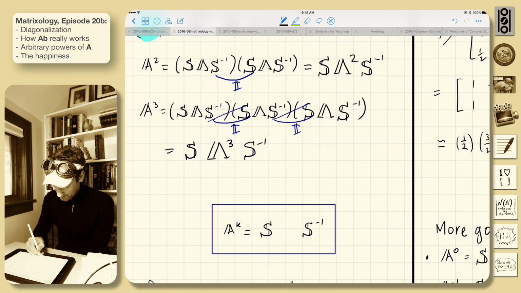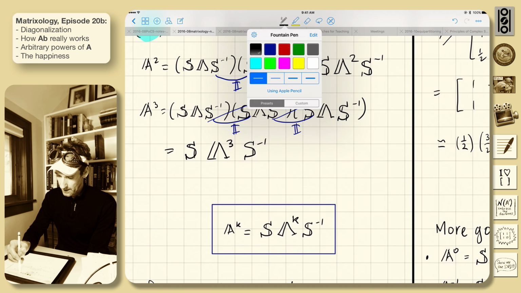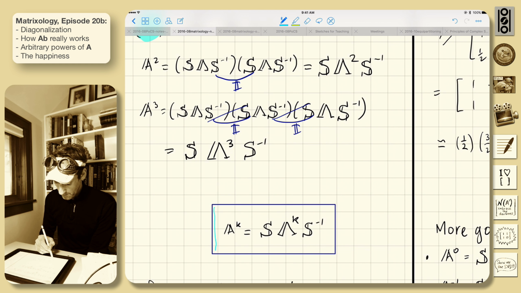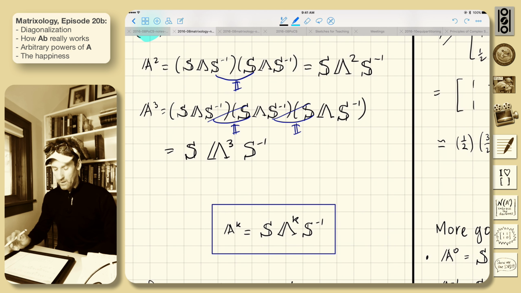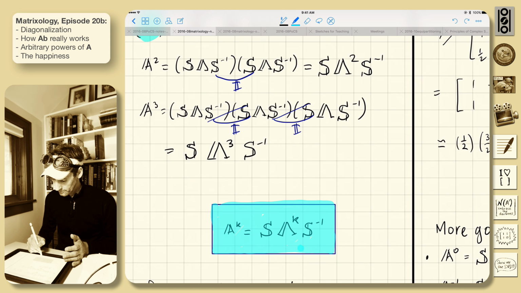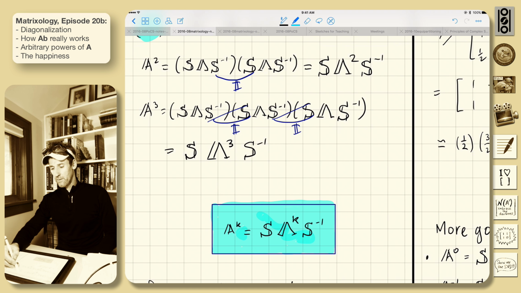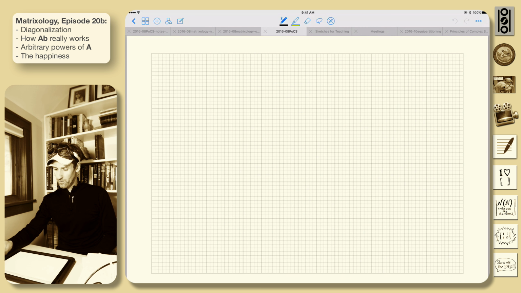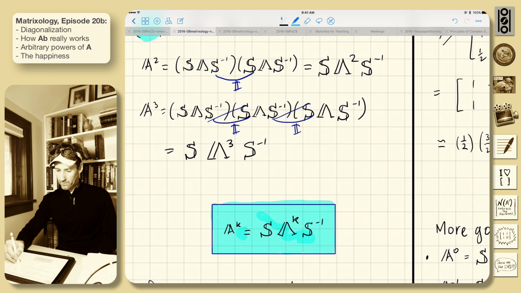And so in general, we have a lambda matrix in the middle to the power of k, and that's a very powerful story. Now, because we can compute this very simply, easy. We've done a lot of work to get here, but this is super easy.